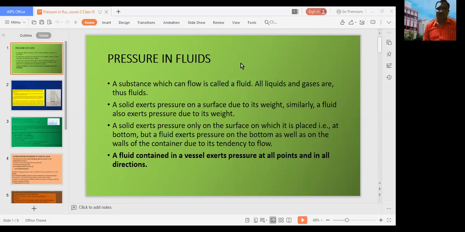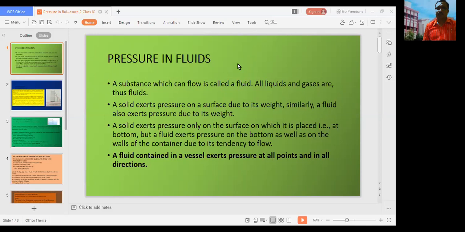Now if you consider liquids, a substance which can flow is called a fluid, and all liquids and gases come under fluids. A solid exerts pressure on a surface due to its weight. Similarly, a fluid also exerts pressure due to its weight.